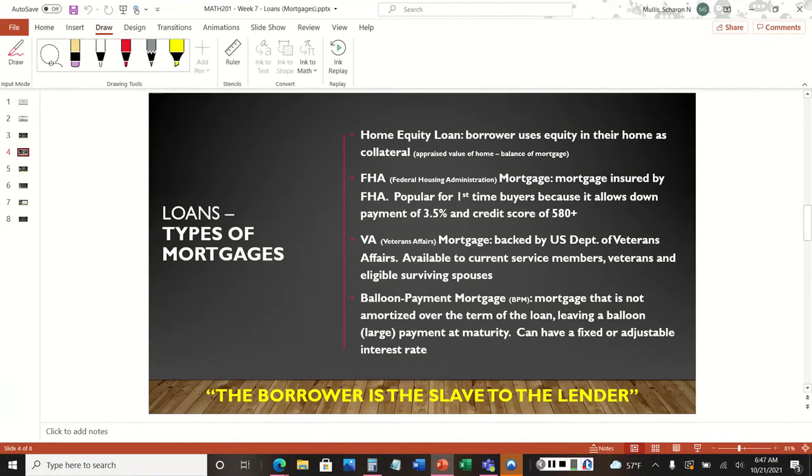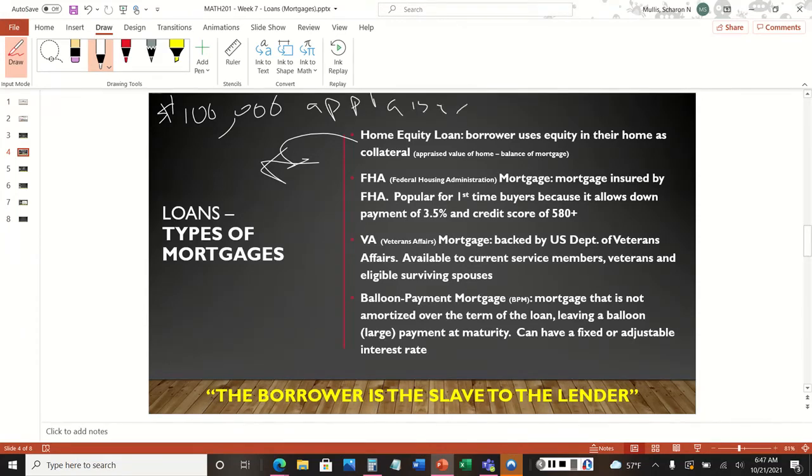So if your home is appraised at $100,000 and your mortgage balance is $50,000, the equity that you have in the house is equal to $50,000.